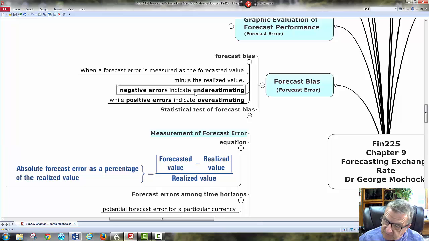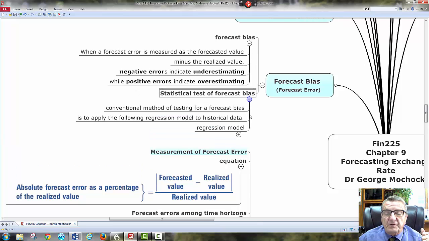Don't get me wrong, if I underestimated, that's where I might have made more money, but if I underestimated costs, I lost more money than I thought, which wasn't anticipated. While positive errors indicate overestimating. Sometimes you wonder whether they're done purposely or not. Let's just leave it at that. Positive errors indicate overestimated; negative errors indicate underestimated.